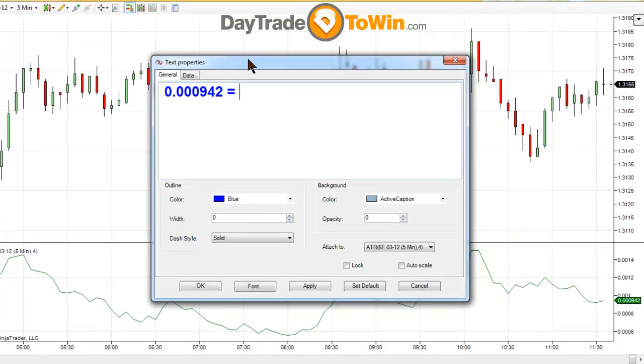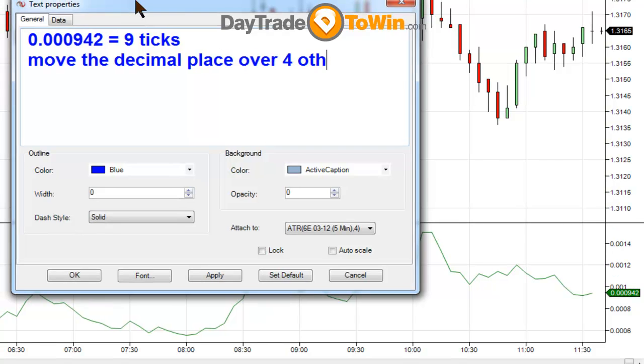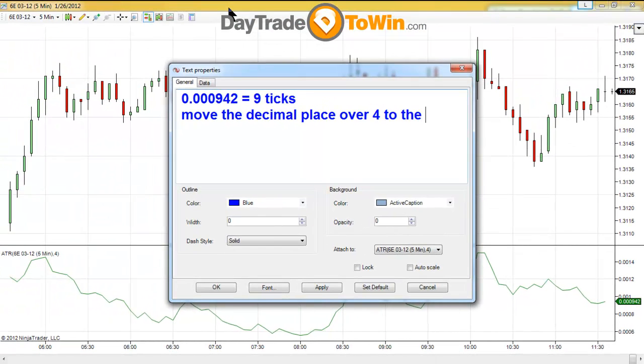This is the equivalent of 9 ticks. It does not work in points, it works in ticks. Move the decimal place over 4 to the right, and what you get is a value in ticks.